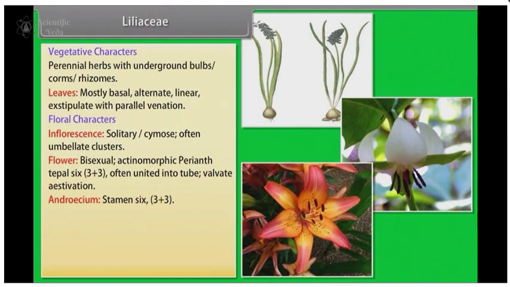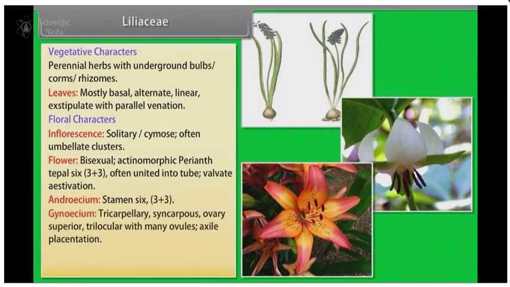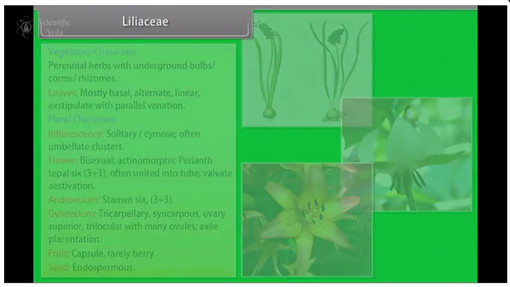Androecium, stamens 6 (3+3). Gynoecium, tricarpellary, syncarpous, ovary superior, trilocular with many ovules, axile placentation. Fruit, capsule, rarely berry. Seeds endospermous.